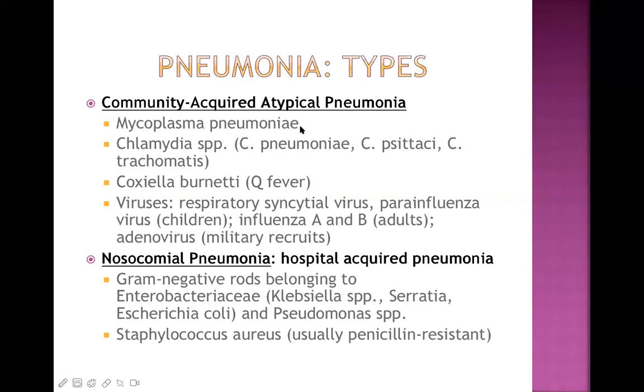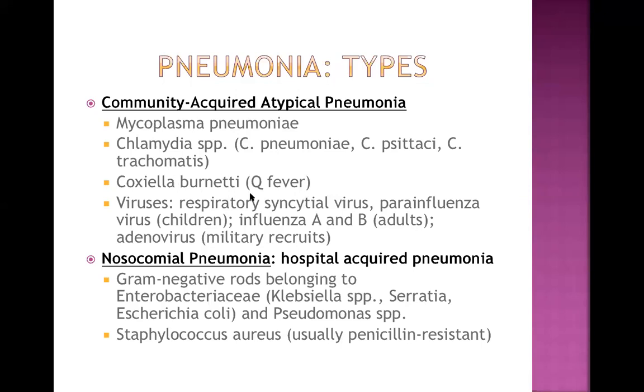Mycoplasma pneumoniae, Chlamydia species like Chlamydia pneumoniae, Chlamydia psittaci, and Chlamydia trachomatis. These are different species in Chlamydia. All of them can lead to atypical pneumonia, but more common are Chlamydia pneumoniae and Chlamydia trachomatis.